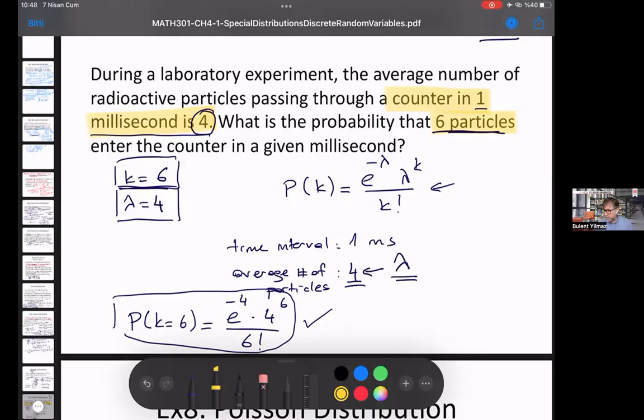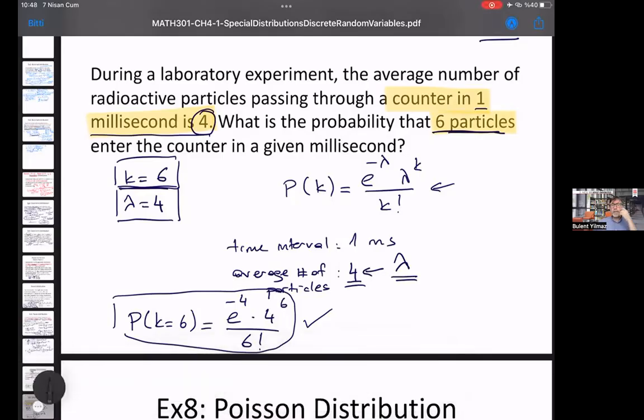How about if I have at least one particle, if I say at least 1 particle in a given millisecond, how do I write it? It's going to be a summation, right?